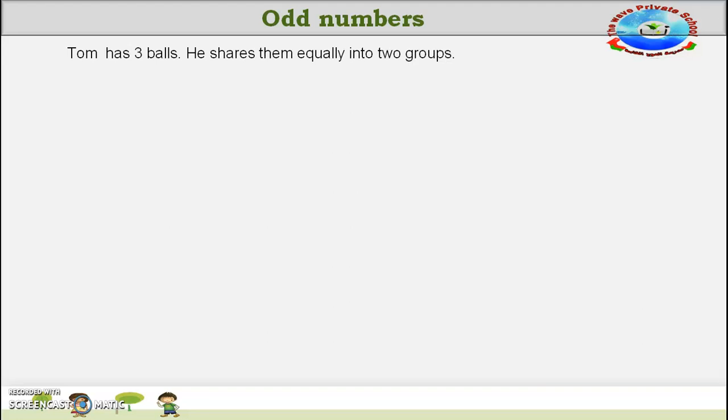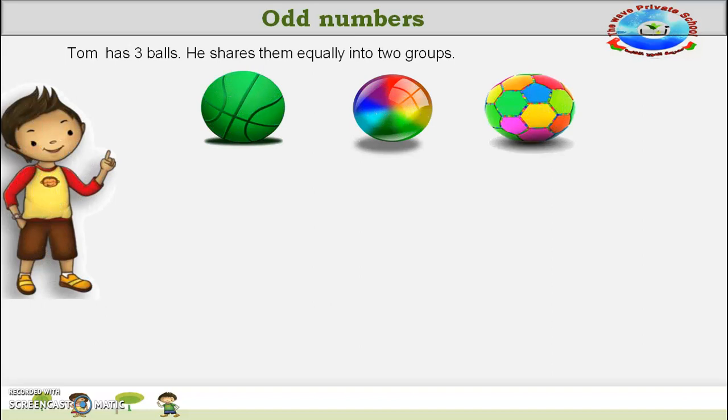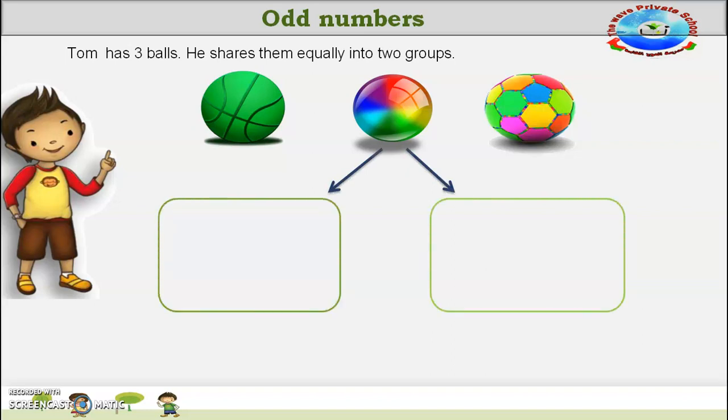Tom has 3 balls. He shares them equally into 2 groups. So this is Tom and he has 3 balls. Look here, Tom is going to share the 3 balls equally into 2 groups. So he needs 2 groups.